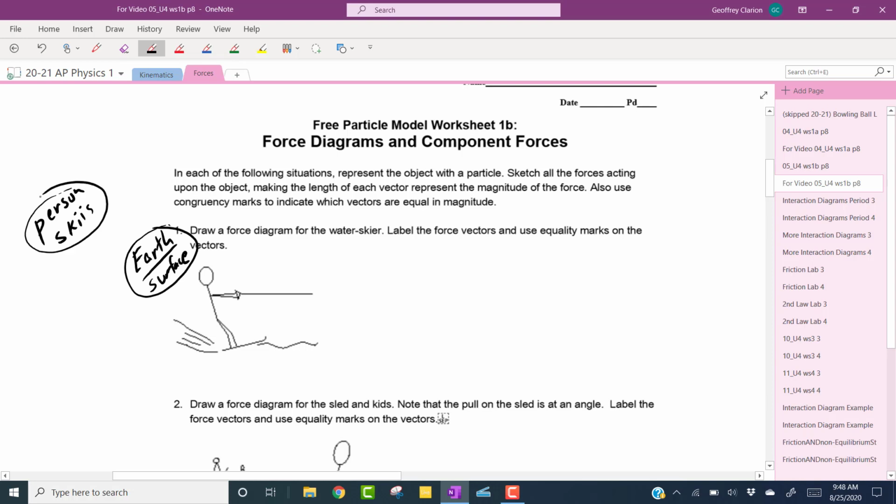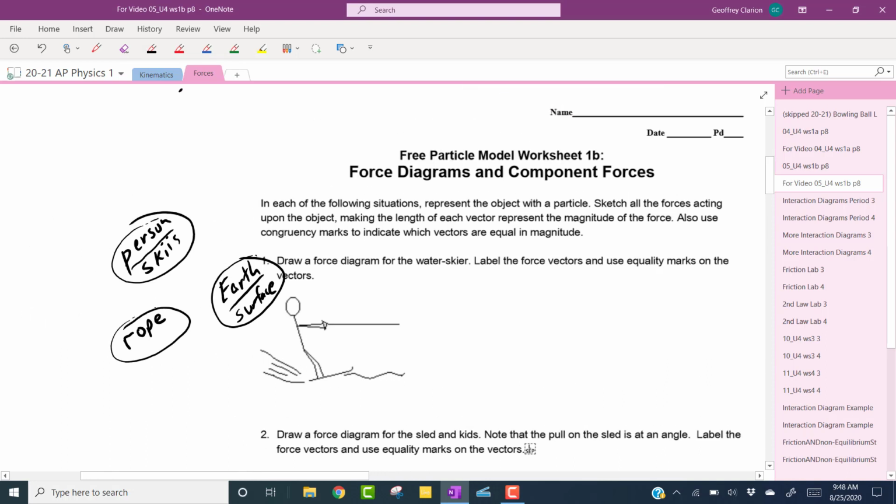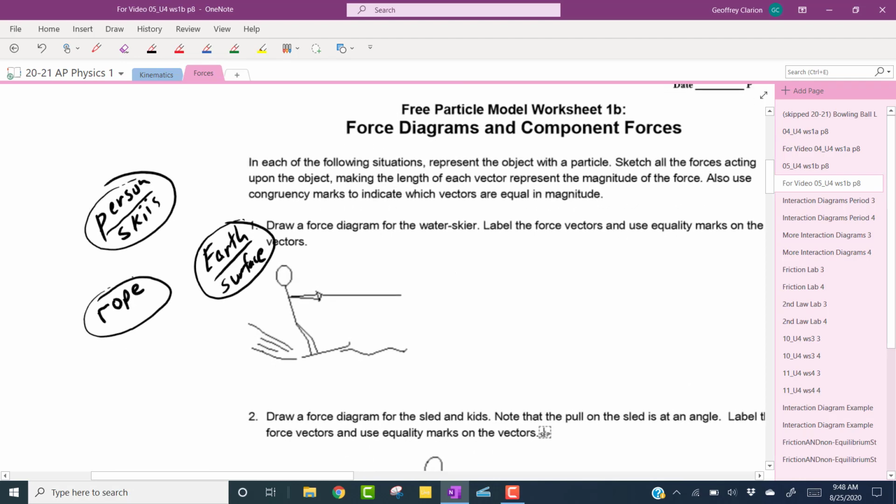So in other words, we're combining the Earth and the Earth's surface in the one object. In the other object, we're combining the person and the person's skis. There's also a rope in this system. We could also include the boat, but that won't be necessary in this particular system.